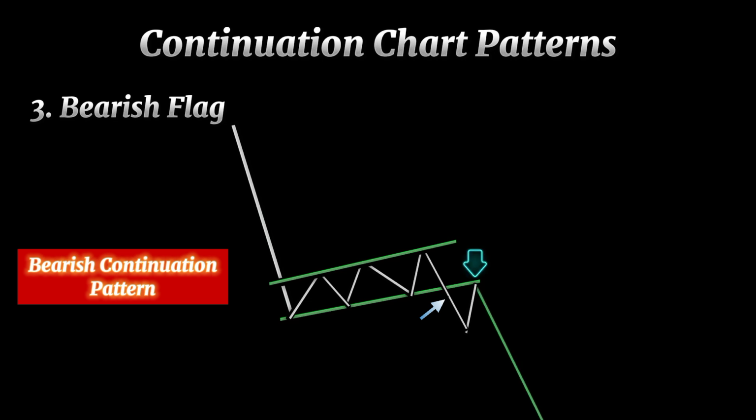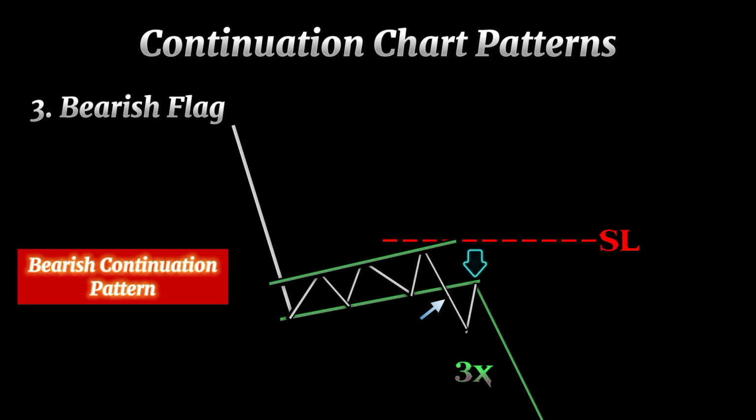The advantage of the flag over the rectangle is that, since we are dealing with an upsloped breakout line, price needs to retrace deeper in order to signal a trade. That means your entry will be closer to your stop loss, therefore you take less risk. Your stop loss should be above the highest high of the flag, and your take profit target should be at least 3 times as big as the stop loss.